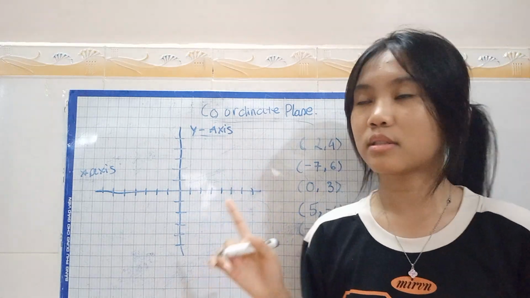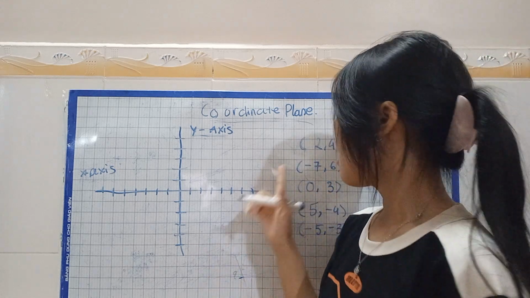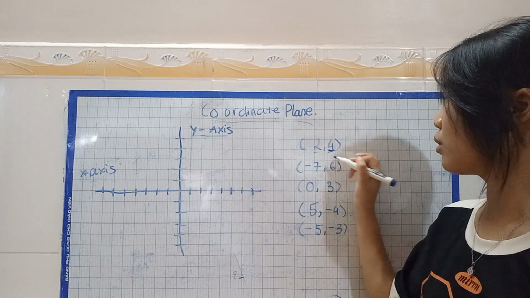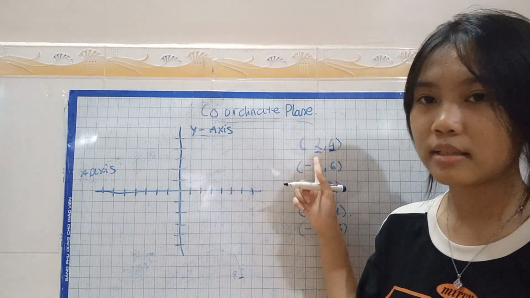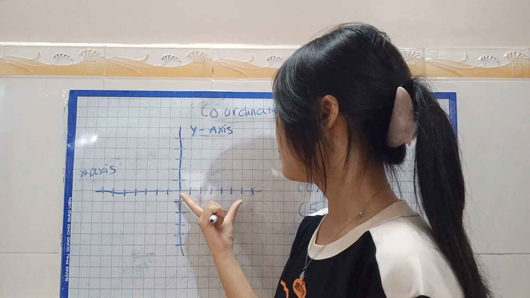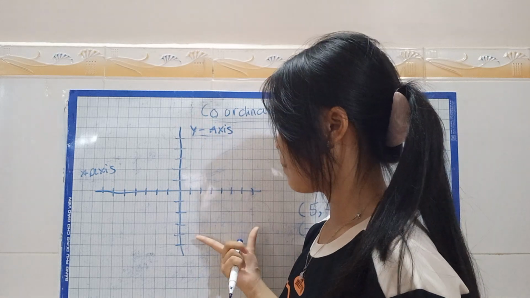So now let's do some examples, okay? First is 2 and 4. Usually the x will go first and then the y value will go second, right? So first we look at the x. Since this is a positive number, we will see that it's going to be in this area of the coordinate plane, right?